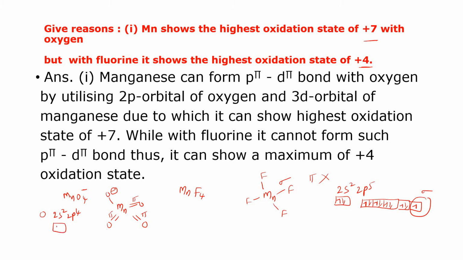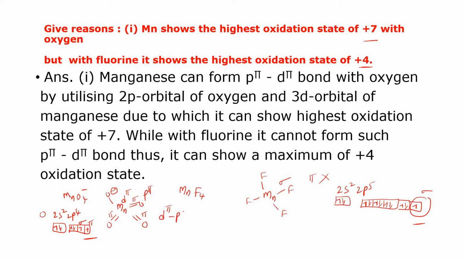One electron will form a sigma bond, one will form a pi bond. This arrangement is not there in fluorine, where only sigma bonds form. Here you get an extra pi bond, because here a d orbital is involved and there a p orbital is involved. Therefore it is d pi, p pi. So extra stability is obtained because of this.